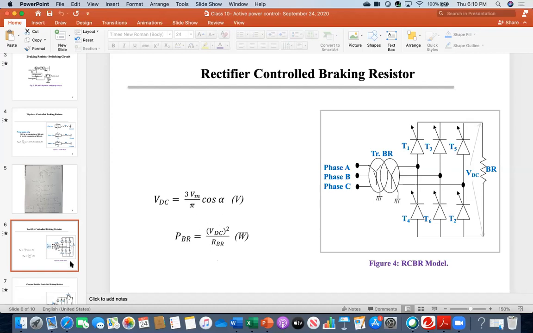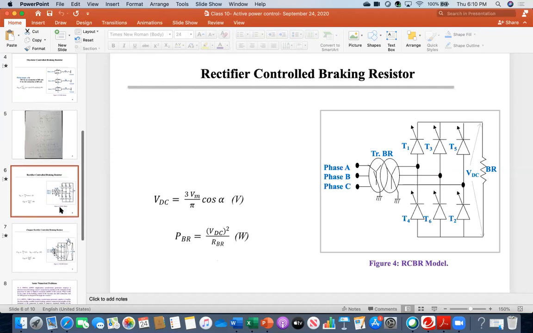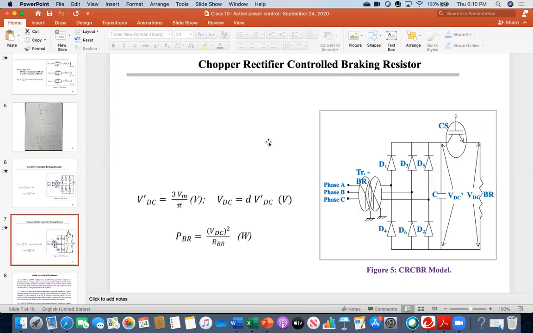Now, there is another approach, with the help of a chopper rectifier control braking resistor. In this case, the rectifier is not controlled, but the chopper circuit is controlled. That's why the rectifier is diode based, not thyristor.